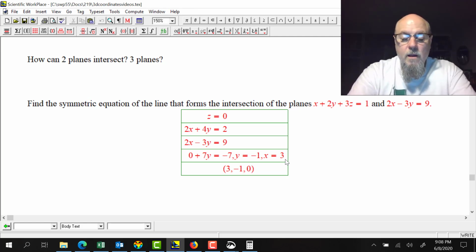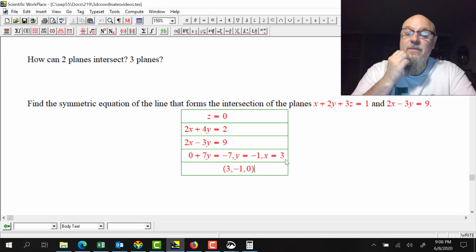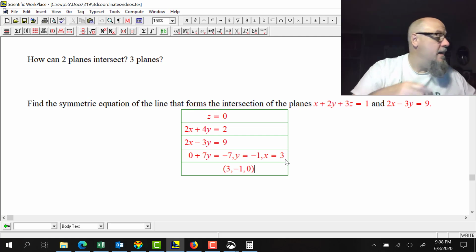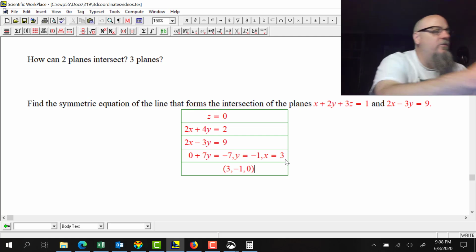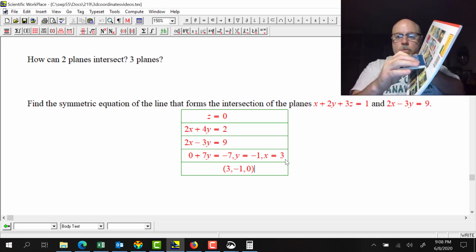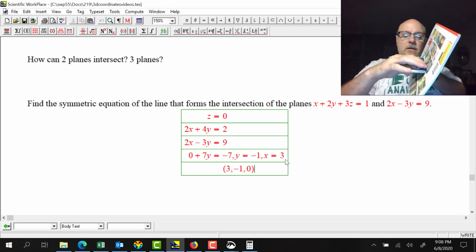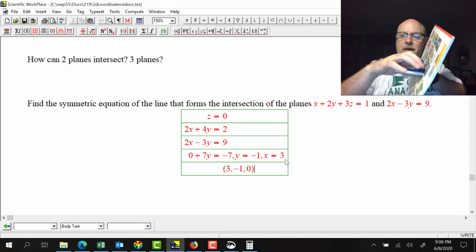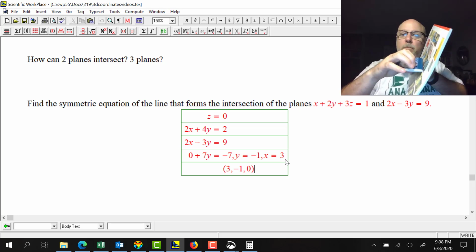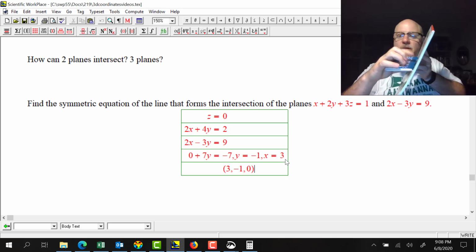0. Now, I wanted the equation of a line, so I need a point and a direction vector. There's two different ways I can get the direction vector. If these two planes are intersecting, then the direction vector of that line has got to be perpendicular to the normal vector of this one and the normal vector of this one.